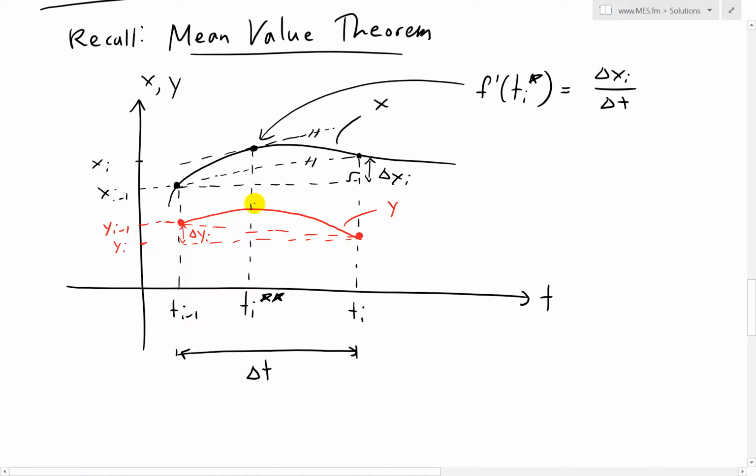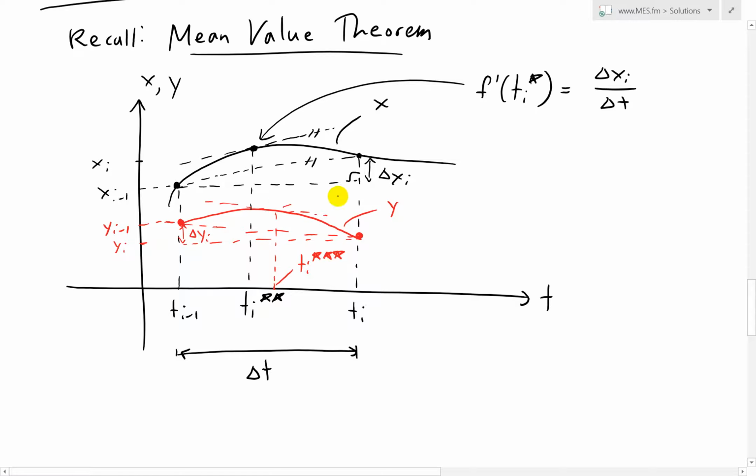So then there has to be a point somewhere in between. Let's say it's somewhere over here, and then this point all the way across here, and I'll put this one as ti triple star, so another random point.